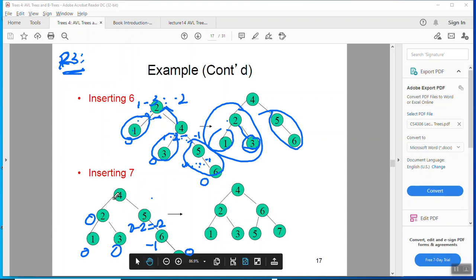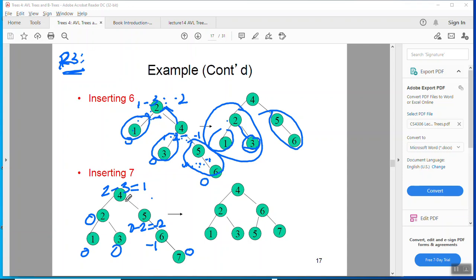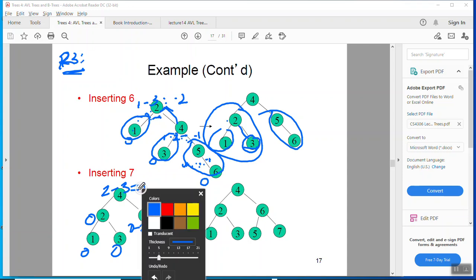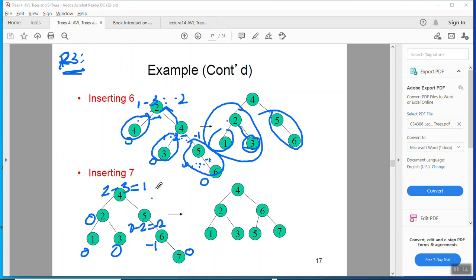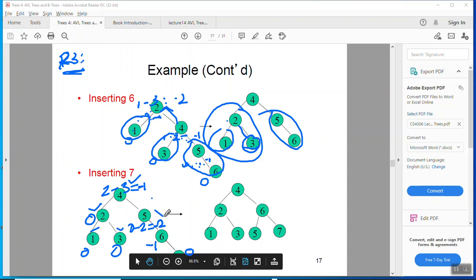And this balance factor is 2 minus 3, equal to negative 1. So we see that this balance factor is good, so there is no problem over here. This is good, this is good, but the problem is here, right?